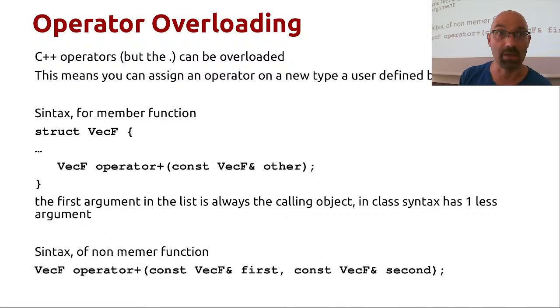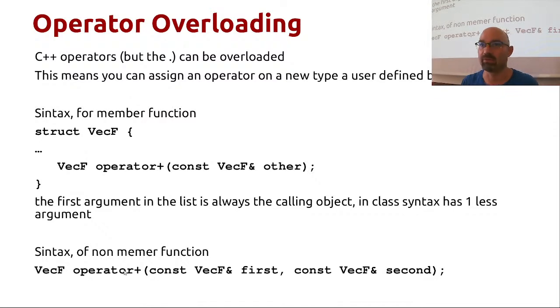So you have to return a new instance. You can't return a reference, because you have to create something new. So you return a vector, operator plus, because in a plus b, the first item is self, the second item is the other operand. Clear?